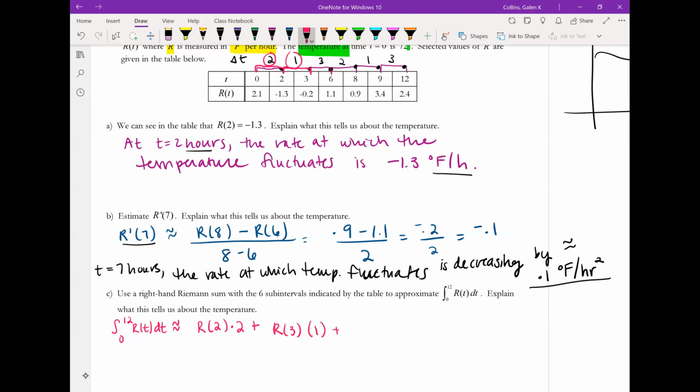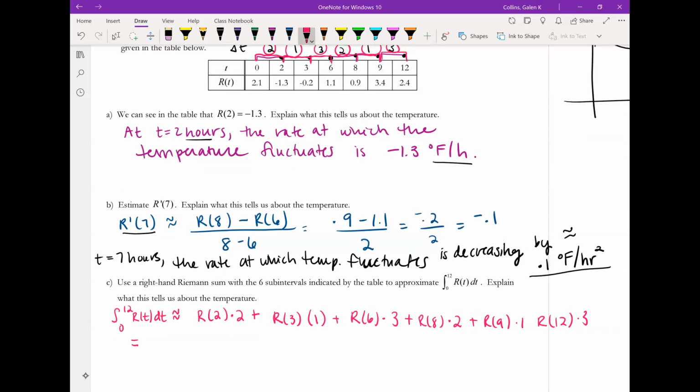My next rectangle is going to be r of 6 times delta t of 3, then r of 8 times 2, because that's the change from 6 to 8. The next rectangle is 1 unit wide, so r of 9 times 1, and then lastly, r of 12 times 3. That's my last one.